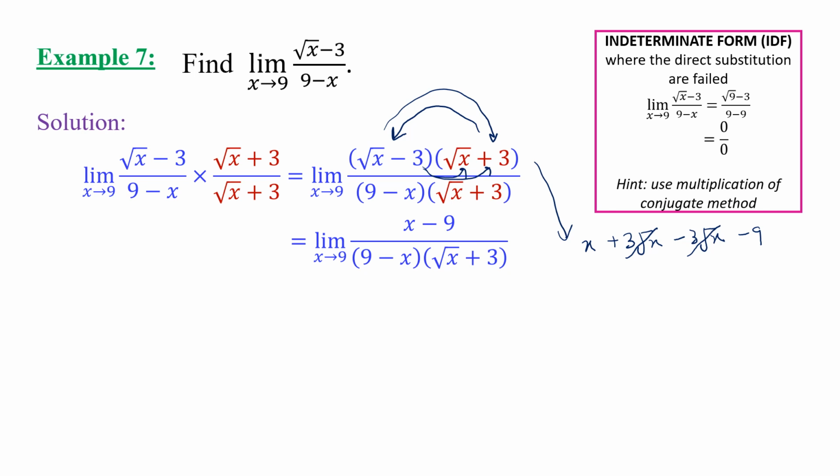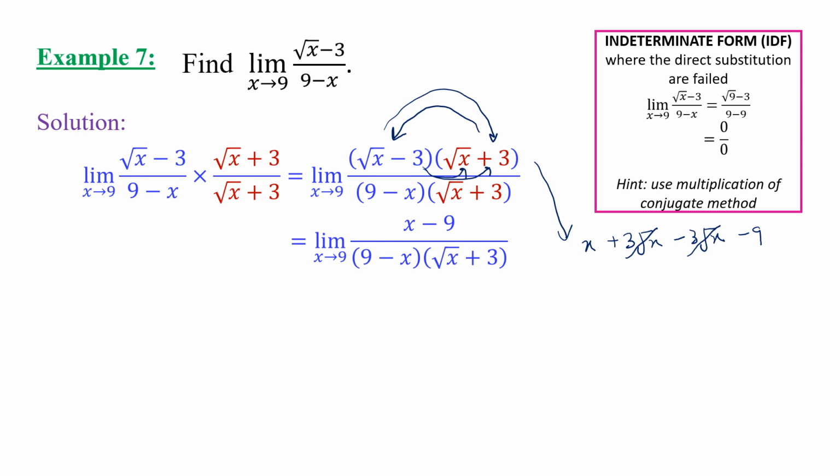Then what we have at the numerator is x minus 9. Remember, for the case 0 over 0, we need to find the common factor so that we can cancel out the common factor and evaluate the limit.